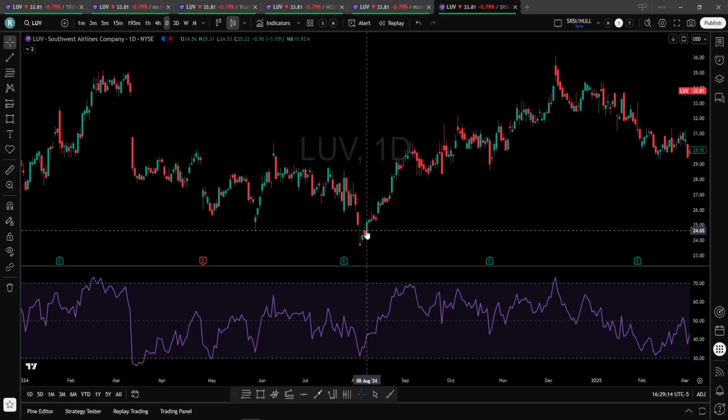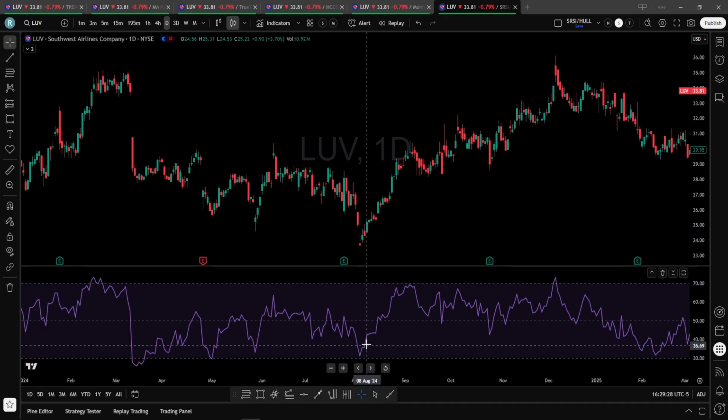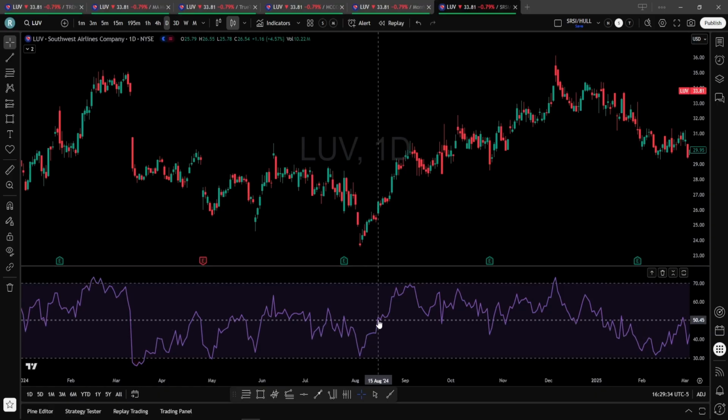So it'd be right in this area right here. The hourly chart would have told us that on the hour time frame, the relative strength is on the side of the bulls. This, as you can see, is marked right here well before this goes to the 50 line, which wouldn't be until August 15th.